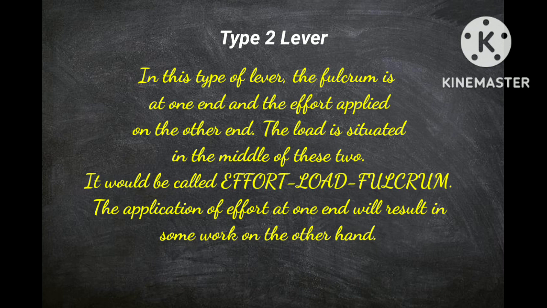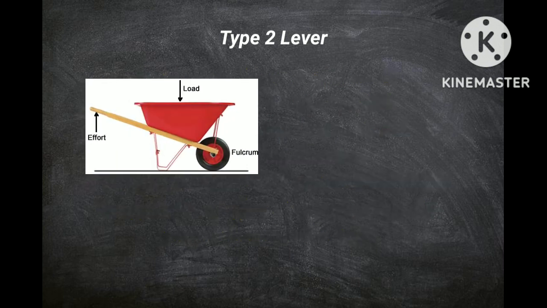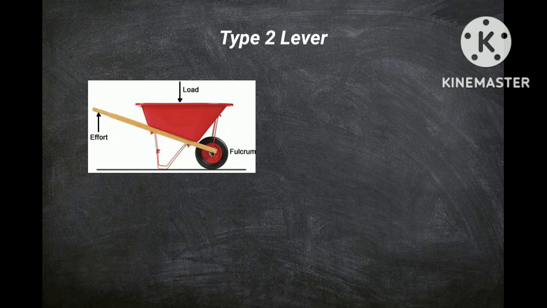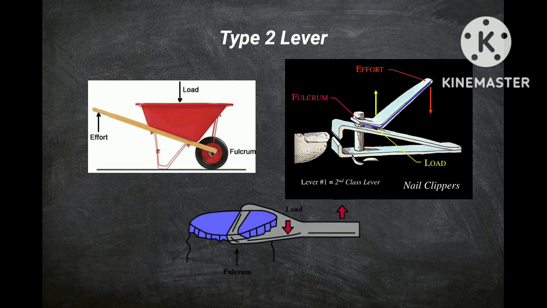The application of effort at one end will result in some work done on the other end. Here are the examples. Number 1. Wheelbarrow. The second one is nail clippers, and the last but not the least is bottle opener.